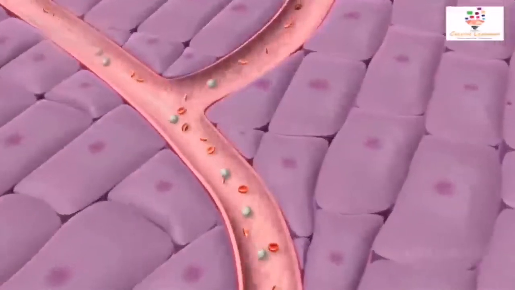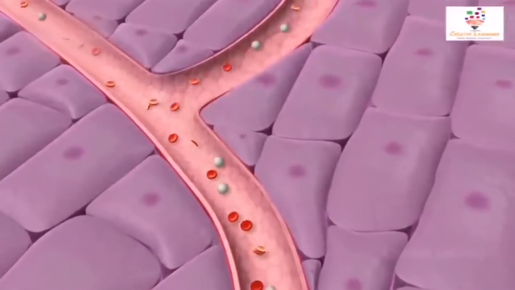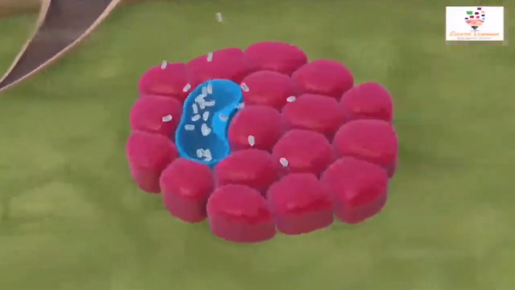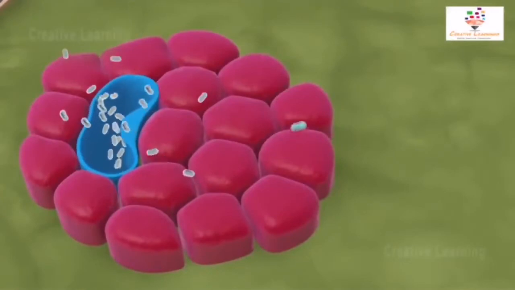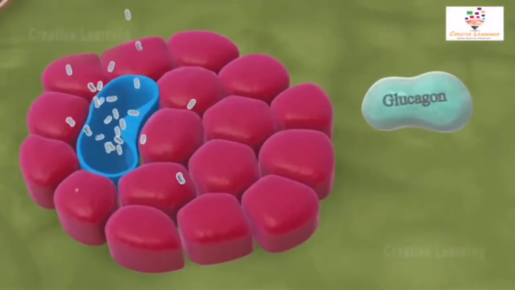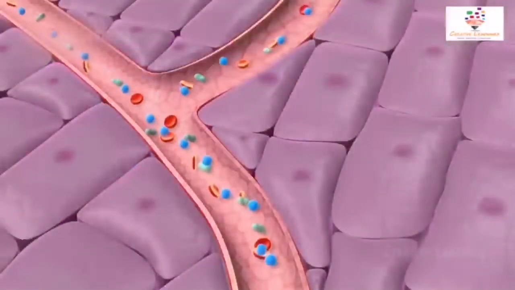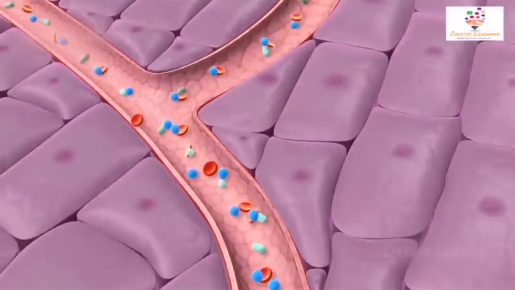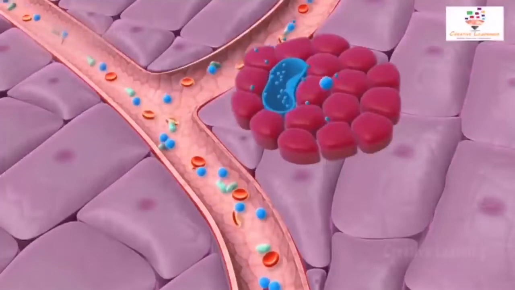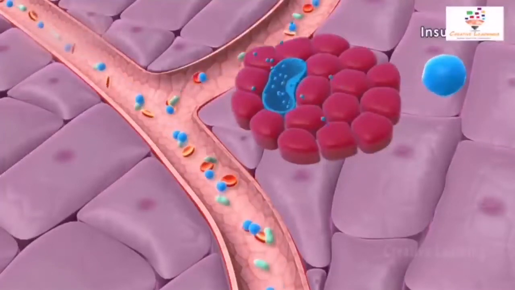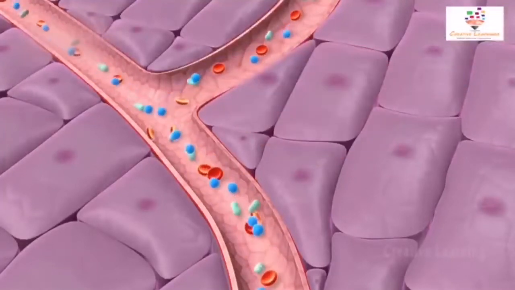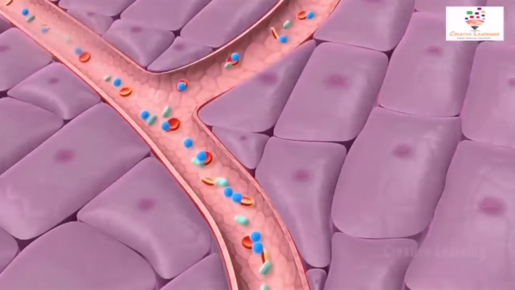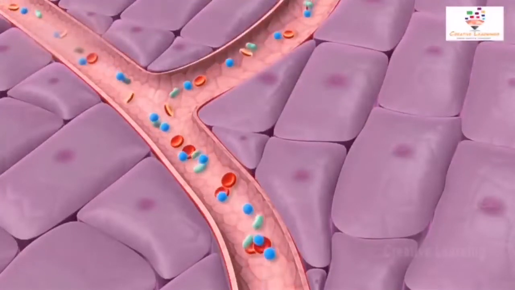In response to dropping levels of blood glucose, the alpha cells secrete the hormone glucagon, which raises blood glucose levels. The beta cells secrete the hormone insulin in response to a rising level of circulating glucose.